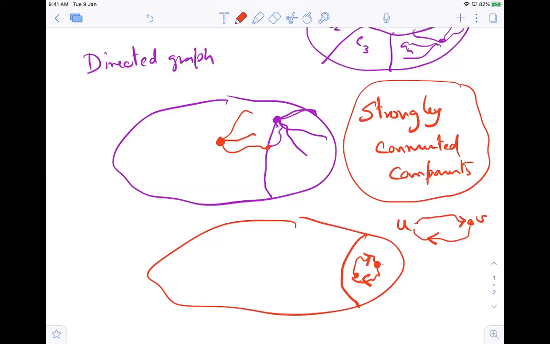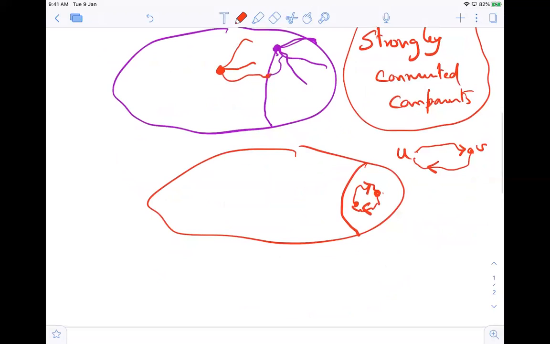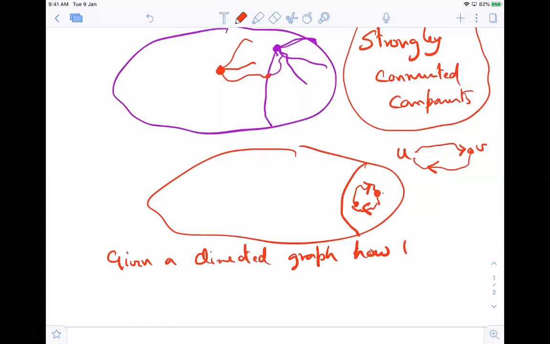Now, a natural question to start with is that given a directed graph, how to find these strongly connected components?